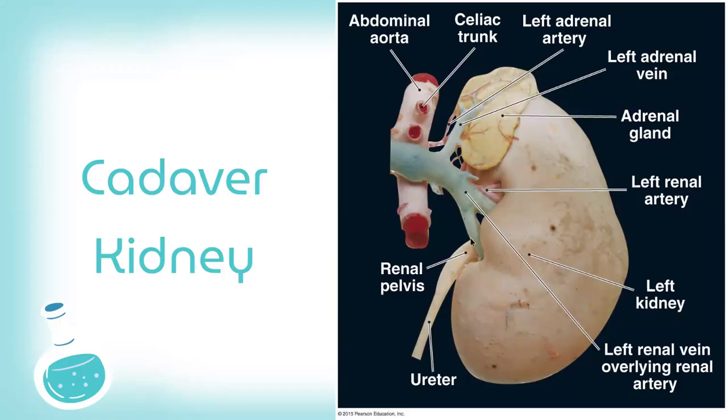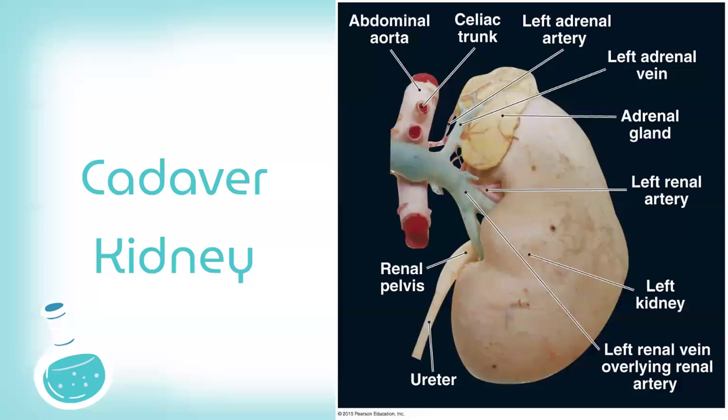This little curve is that portion. Again, you can see your renal artery in red and your renal vein in blue. Finally, you have your adrenal gland over here sitting on top of the kidney. It's kind of this little fat pouch that sits right over here.